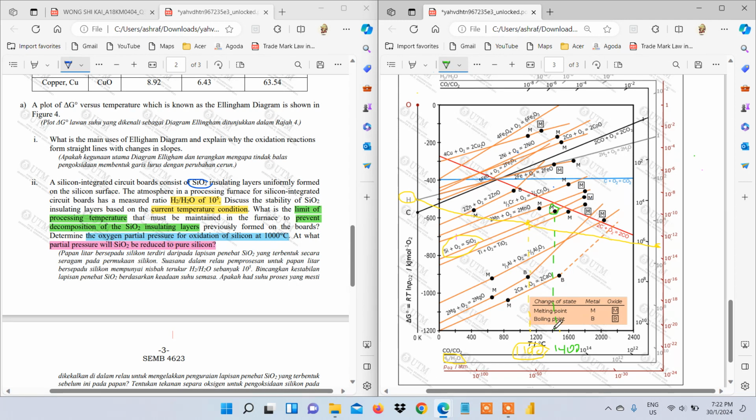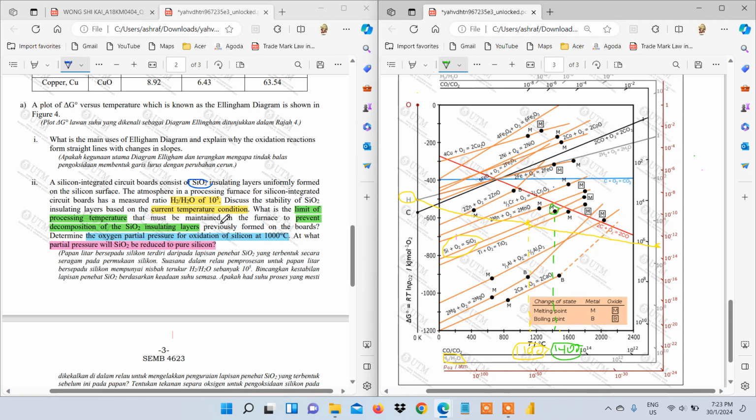This refers to our limit of processing temperature: if the temperature that we apply is over this, our metal will melt, and our insulating layer of silicon oxide will also be gone due to the melting of the main substrate. So we can say that 1400 degrees Celsius is our limit processing temperature. That is the green color right here.